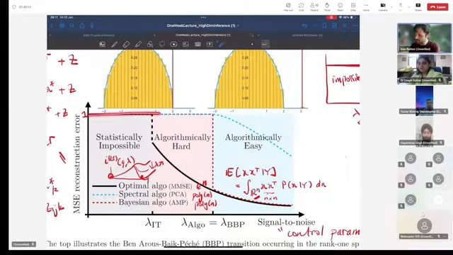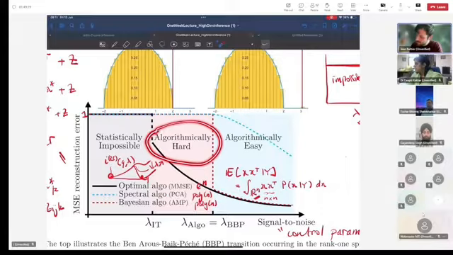There was the spectral PCA, which we analyzed the second day using random matrix theory. And there is this third curve, which is matching the minimum mean square estimator on the algorithmically easy regime and the impossible regime, not in the algorithmically hard phase. And this is this approximate message passing algorithm. So I want to tell you what it is.